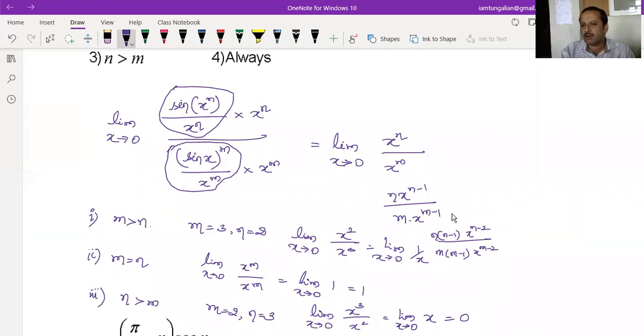In that way, you go on continuing. This is a never-ending process. So using L'Hospital's rule is not a good option at this stage for this particular problem. So it is obvious that this limit will be equal to 0 when the numerator has a larger power, which means n greater than m. Third option is the correct answer.